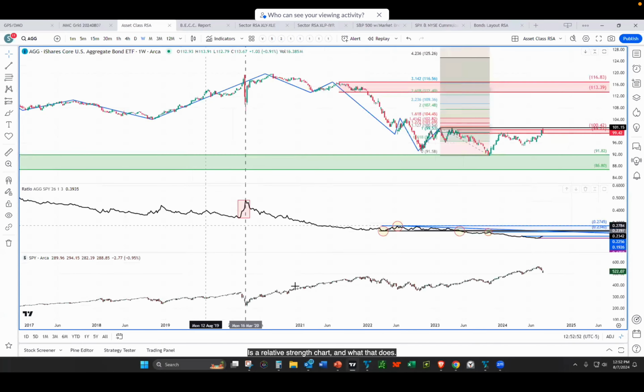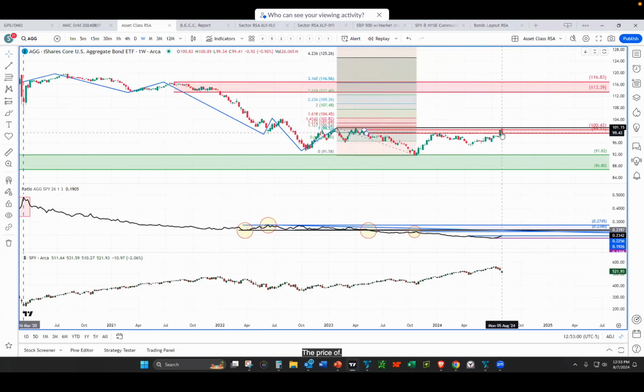What that does is it compares the price of one asset to another. So in this case, we're comparing the price of the aggregate bond index and the S&P 500, which is obviously the index for the large cap stocks.